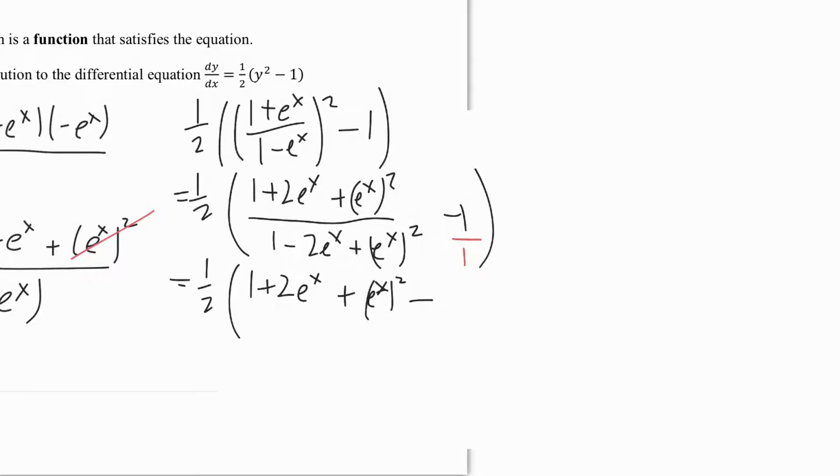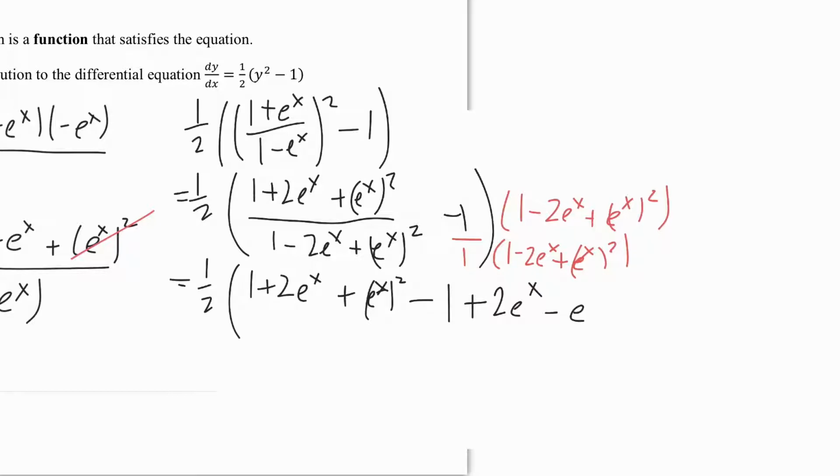This is going to be multiplied by 1 minus 2e to the x plus e to the x squared. So in the top we're going to get negative 1 plus 2e to the x minus e to the x squared. And the bottom's still the same.